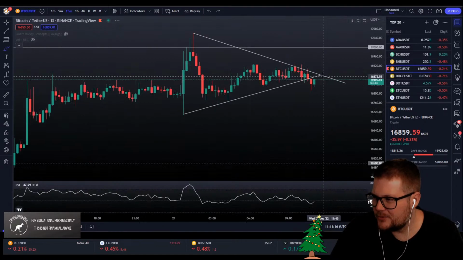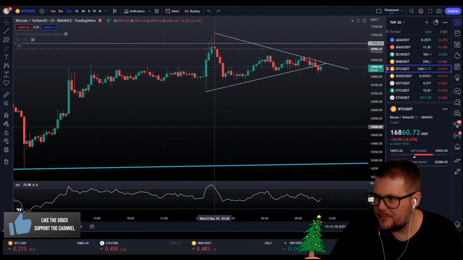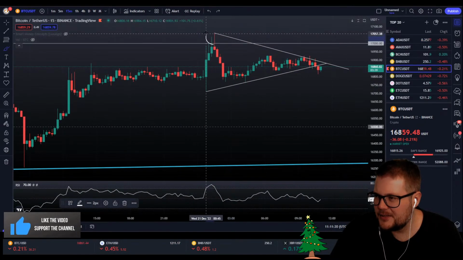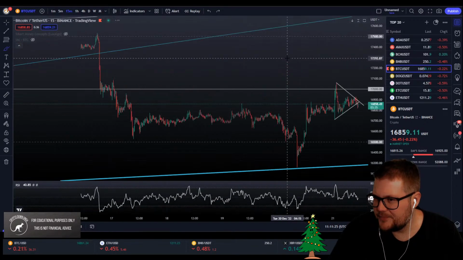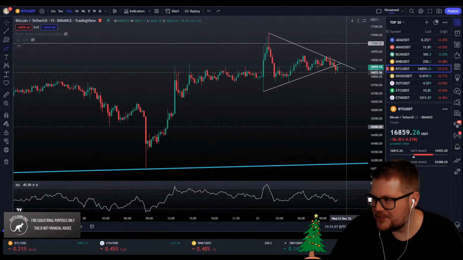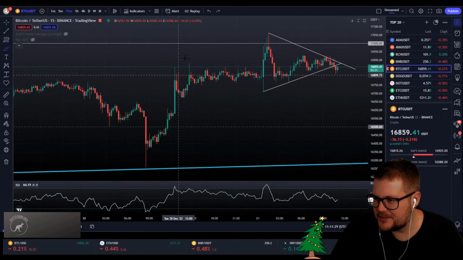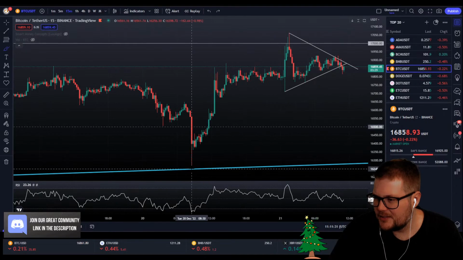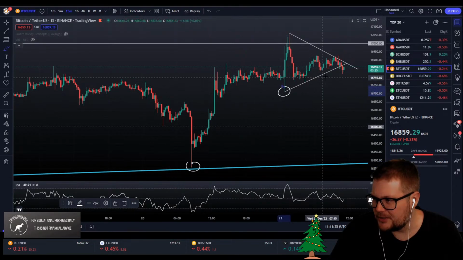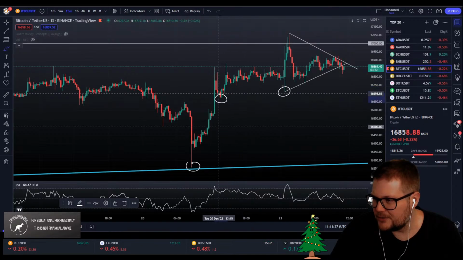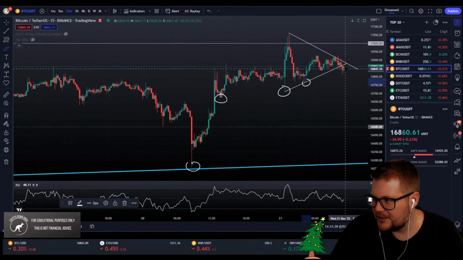Now we did tag price above 17,000 again, only brief, but it was there. And now we're just seeing if we can maintain this supposed uptrend. If we circle the prominent lows, you got that one there, this one, and then this one.